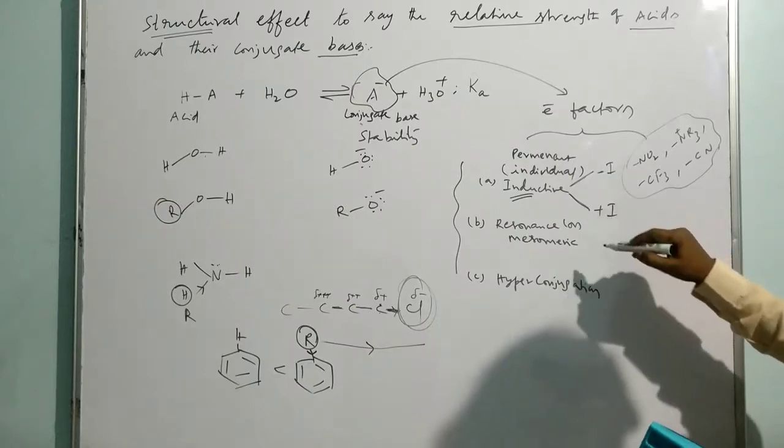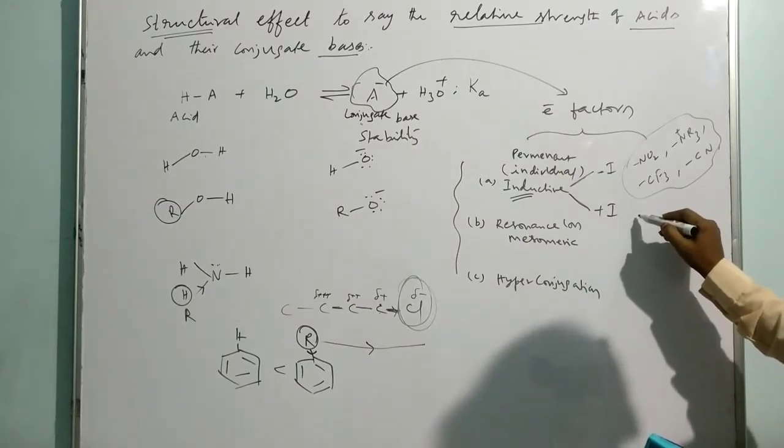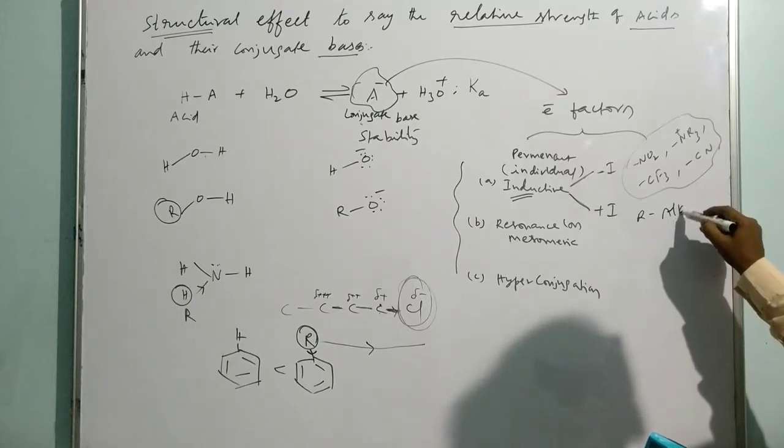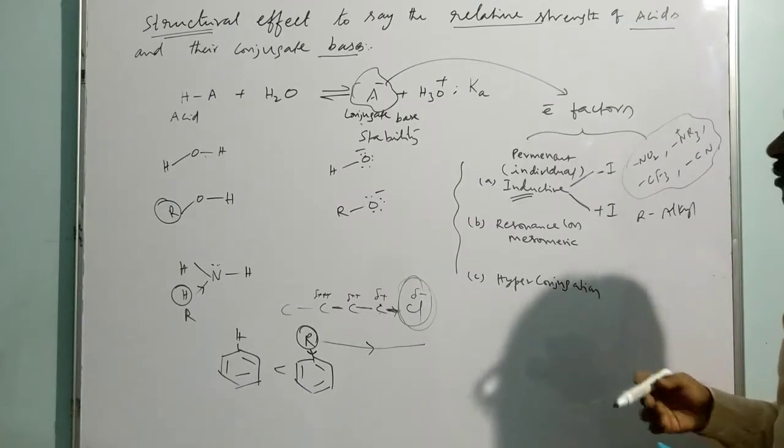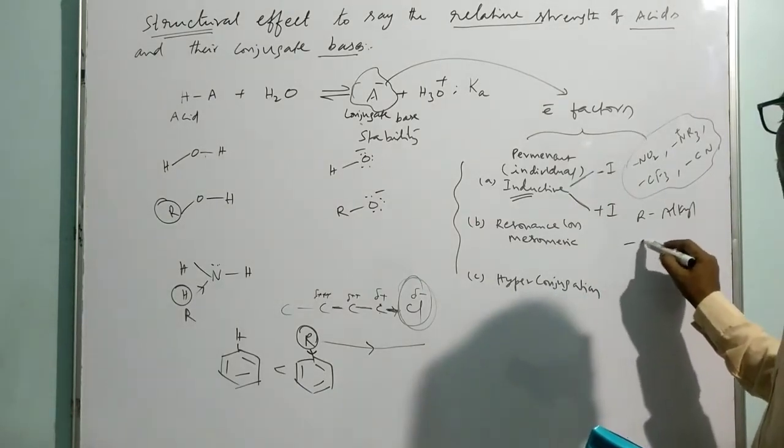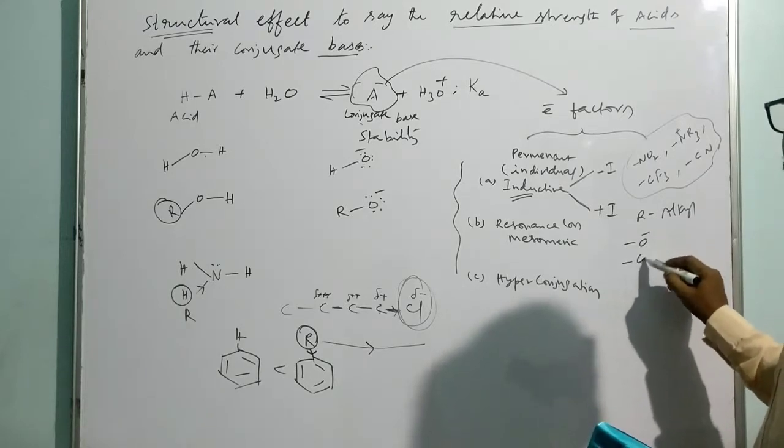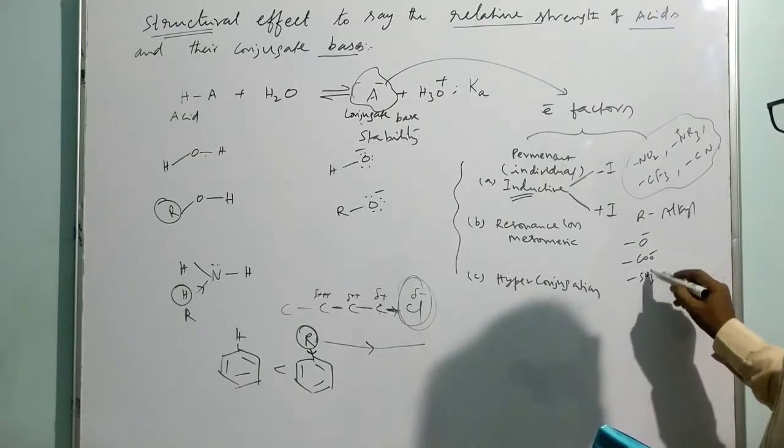But which are electron pumping groups? Alkyl groups are considered electron pumping groups. Sometimes there are some negative groups like alcohols. Some negative groups appear as negative species, carboxylate or SO3 minus.